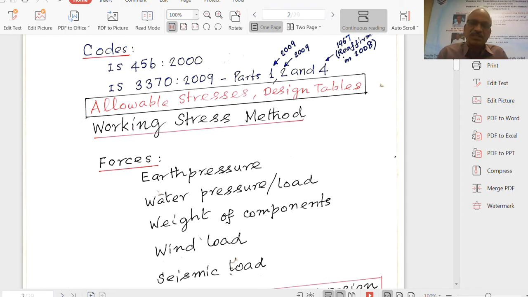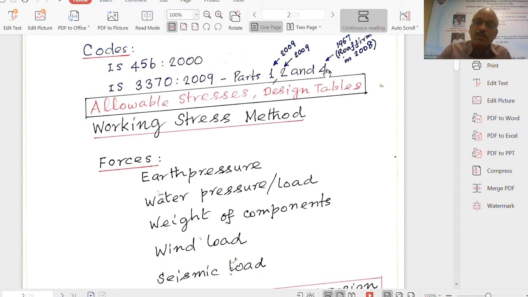For Tor steel, it will be only 130 Newton per mm square as given in the code book. Anyway, those things we will discuss. They are discussed in part 2.